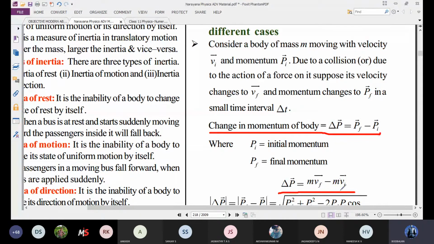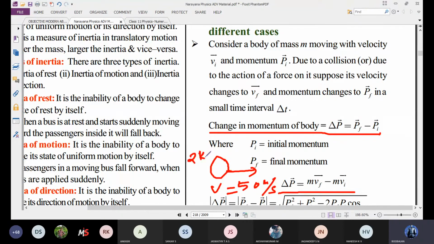For example, I will take one small ball. It is moving with velocity v equal to 50 meter per second. The mass of the ball is 2 kg.